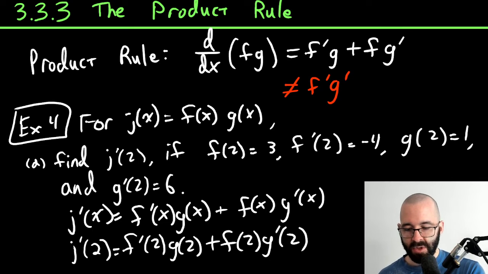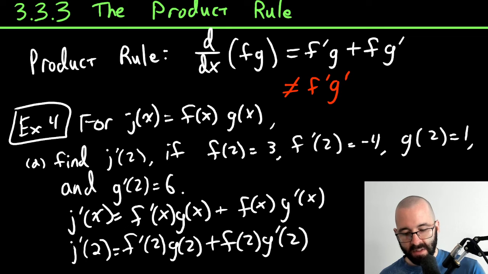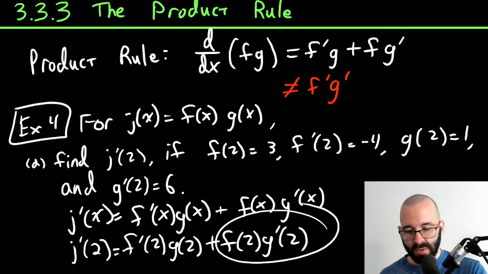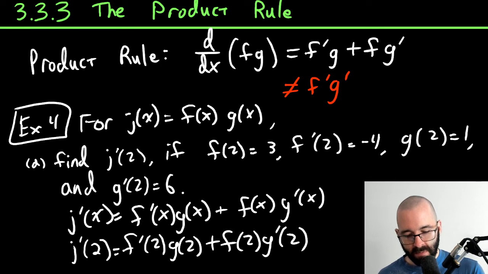f of 2 times g prime, 3 times 6. What's next? Wait a minute. I already did f of 2 times g prime. Oh, we did it in the other order. We did this term first. The other one's going to be f prime times g.